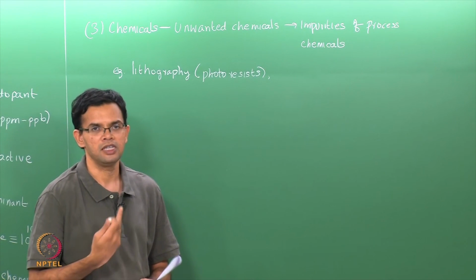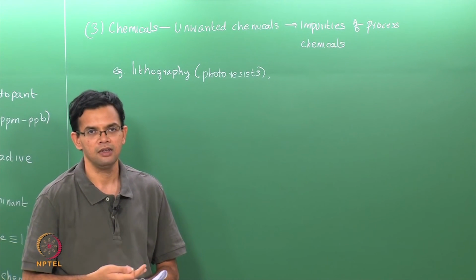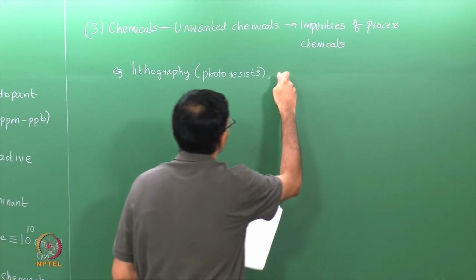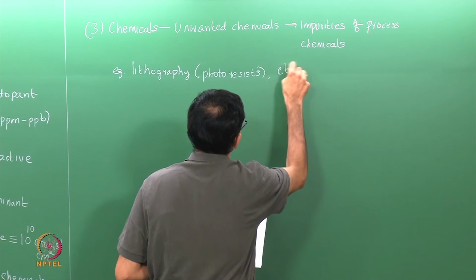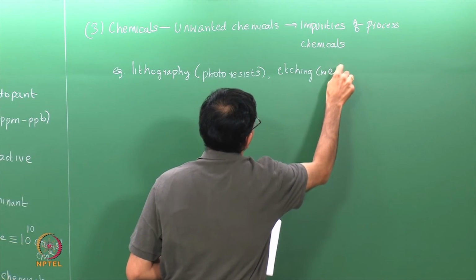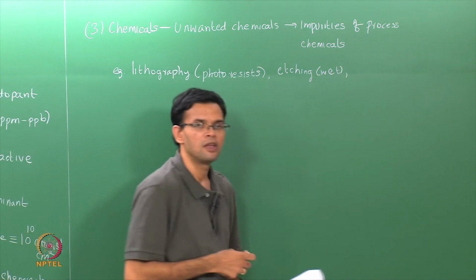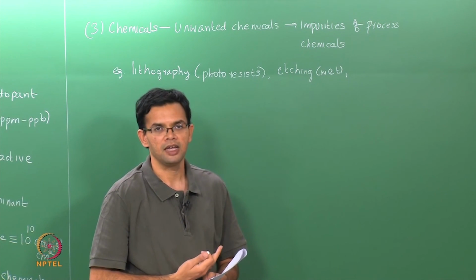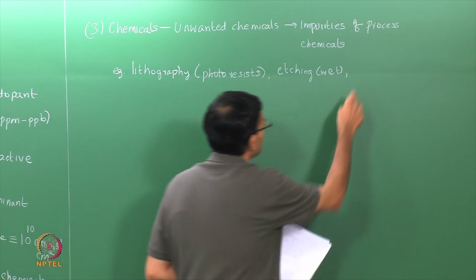So, etching is to either remove the layer of silicon or to remove any metal layer that is there in your sample. So, in etching, this is typically in wet etching. We also use water, usually some sort of deionized water is used for cleaning.